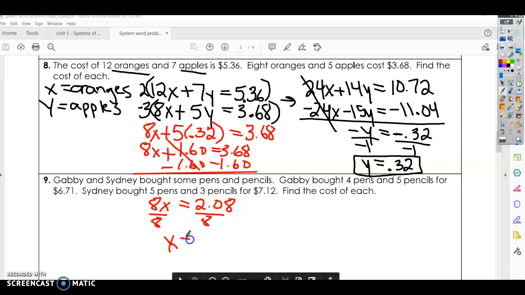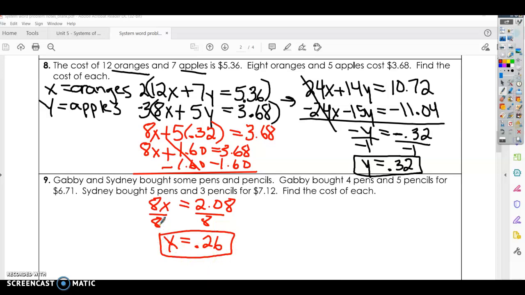So x equals 26 cents. So now it's important to know which one's apples and oranges because this one actually had specific things. So this one says oranges are x. So this says that 26 cents per orange and 32 cents per apple.